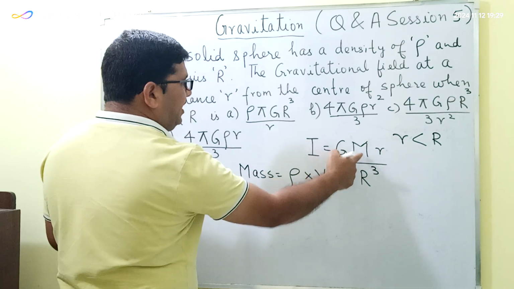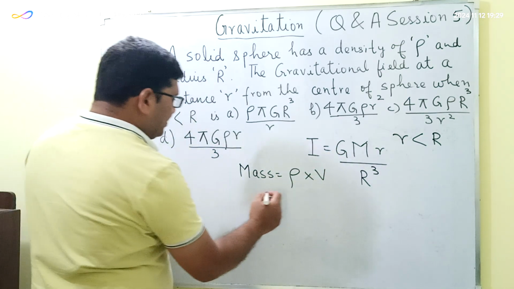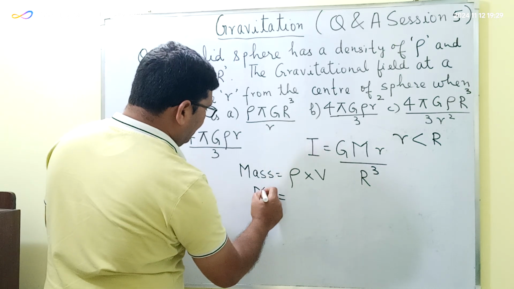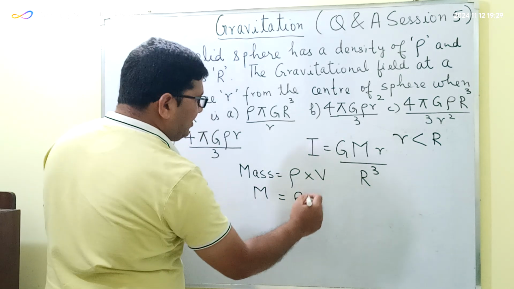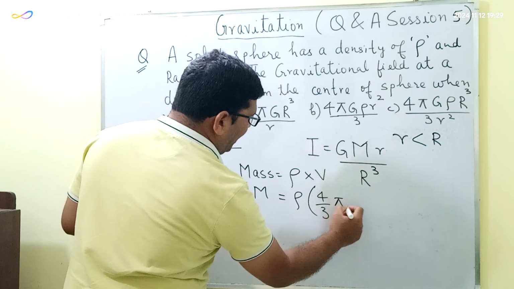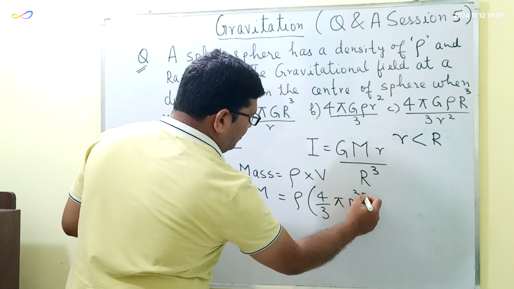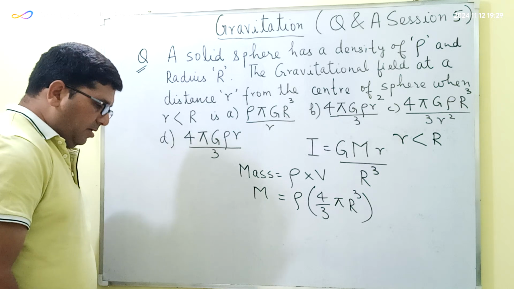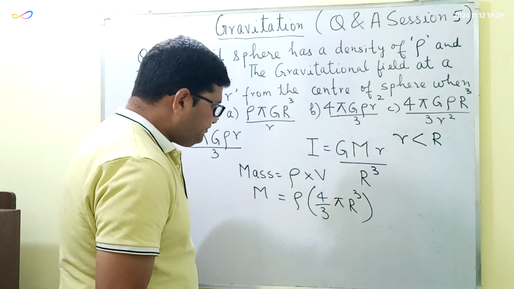Now here M is the mass of the sphere, so M will be equal to density, which is already given, into the volume of the sphere, which is 4 by 3 pi R cube.